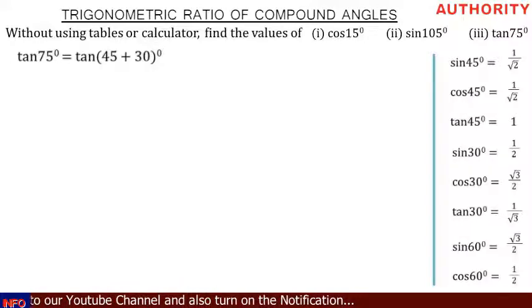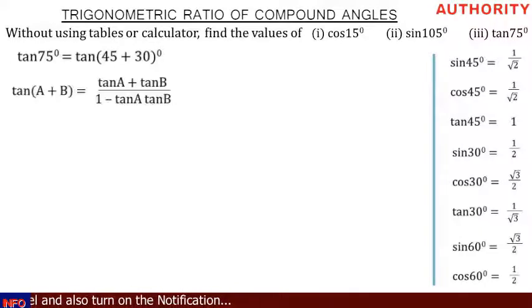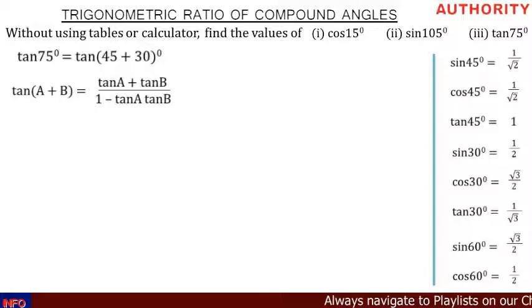But in this case, we say tan 75 degrees. And in one of our formulas, we say that tan (A plus B) is equal to tan A plus tan B all over 1 minus tan A tan B. We have tan (45 plus 30). We simply compare it with tan (A plus B), which say that they are the same.